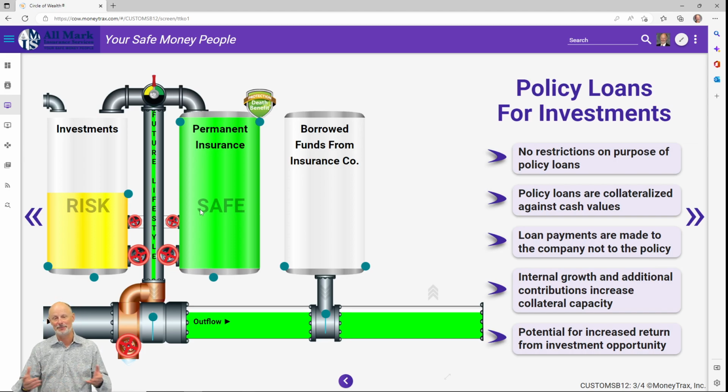This is done buying houses, doing stock purchases, paying for college. I mean, the list goes on and on of all the different things that you could do with this. One of the things that I hear quite frequently is I have a 529 plan. Well, the problem with a 529 plan is once you drain it, you can't put it back. And the greatest thing about this life insurance policy is we can put it back.